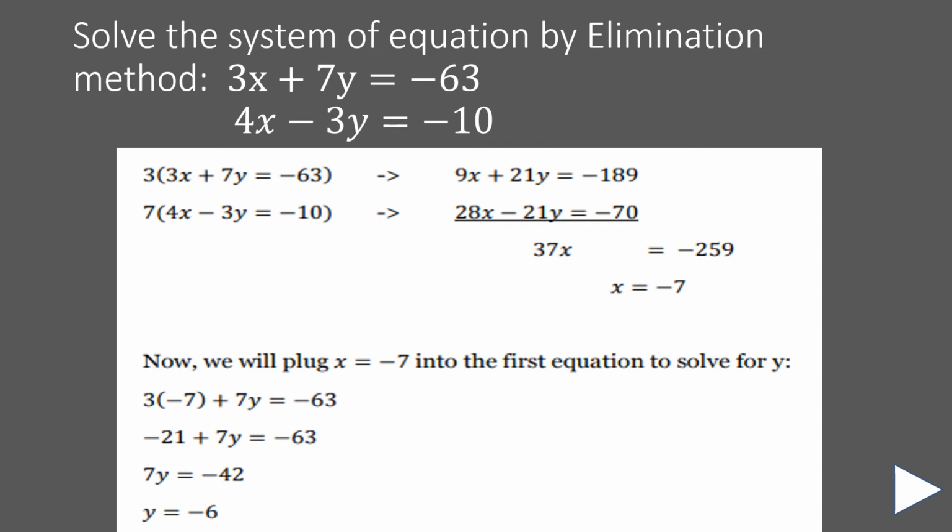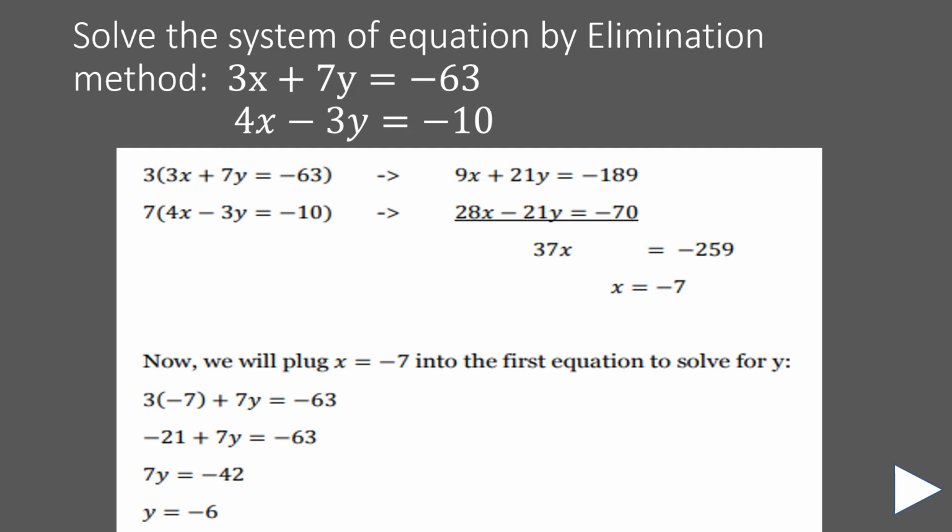One is positive 21, the other one is negative 21. You have to multiply both sides of the equation by that constant. 3 must be multiplied throughout the first equation. 7 is used to multiply the second equation. So adding them up, the y values will cancel out.